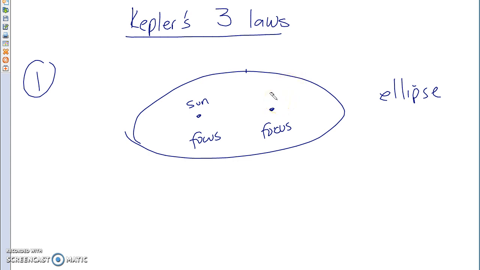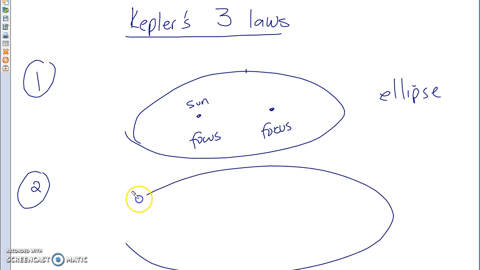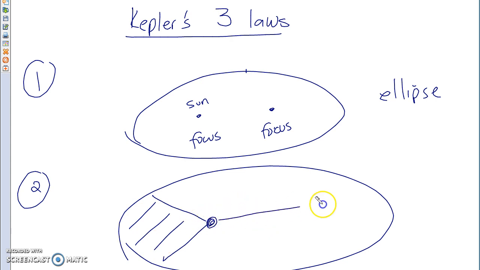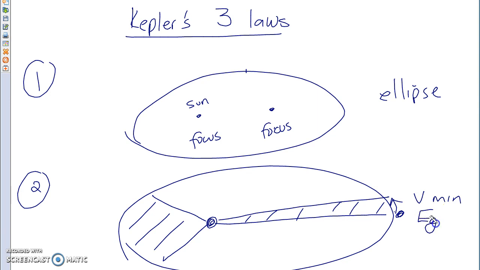The second law of Kepler was that the sun will carve out equal areas. When your object or your planet is furthest away from the sun, it is going slowest, so velocity is minimum, and we also said that EG here is maximum.